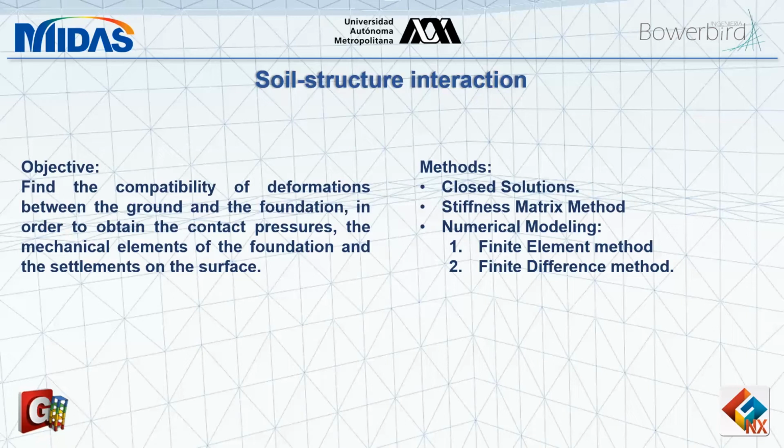And there are 3 main methods for doing this. One would be basically closed solutions, hand calculations. The other one being using the stiffness matrix method, essentially the soil spring, the Winkler spring method. And then the third, the most complex, being the numerical modeling, and that's either by the finite element method or the finite difference method.